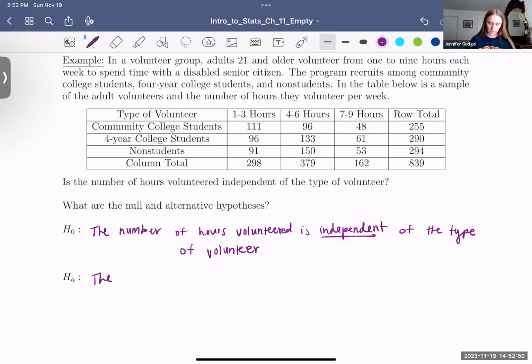So we're just going to rewrite this and say the number of hours volunteered is dependent on the type of volunteer.